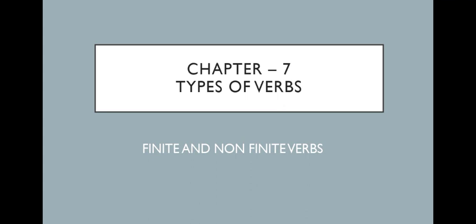Now, students, I don't want you to get confused, as this lesson has some different topics. So I have made the video lessons according to its subtopics. The first topic that we will see in this video lesson is finite and non-finite verbs. Without further ado, let's begin the lesson.